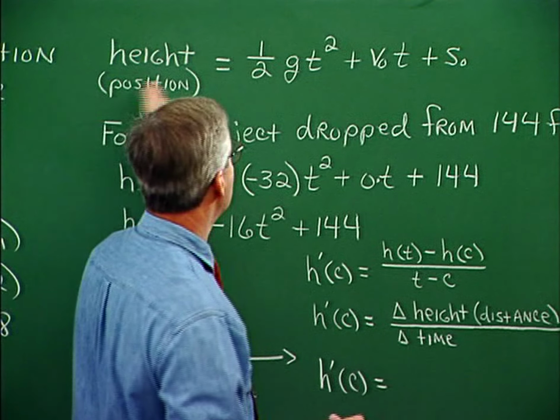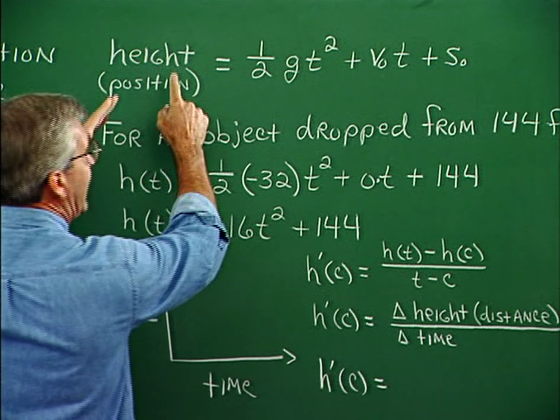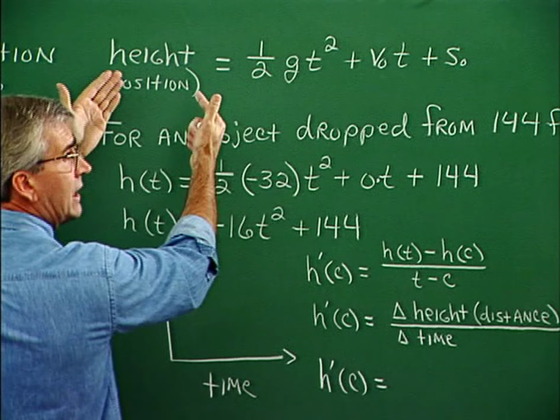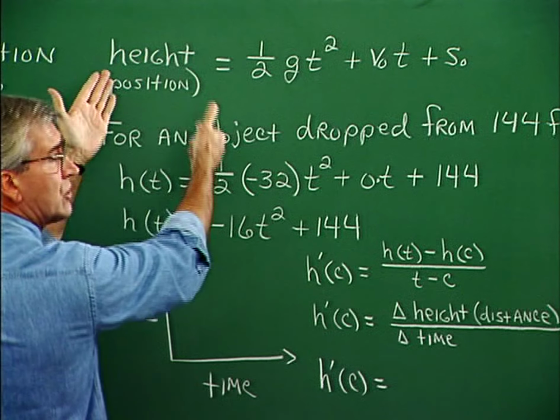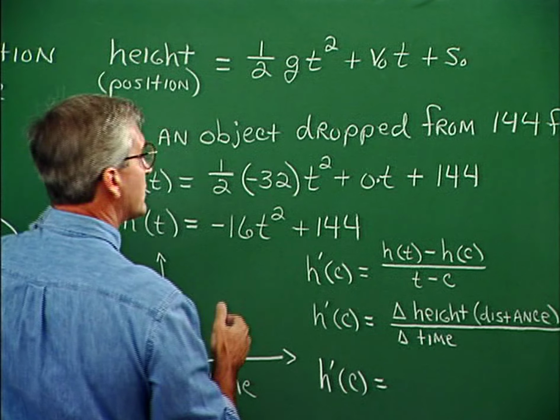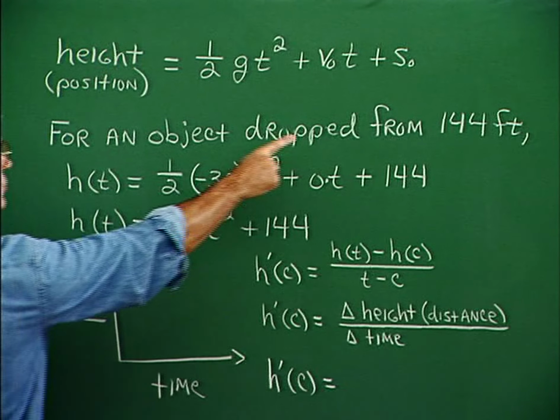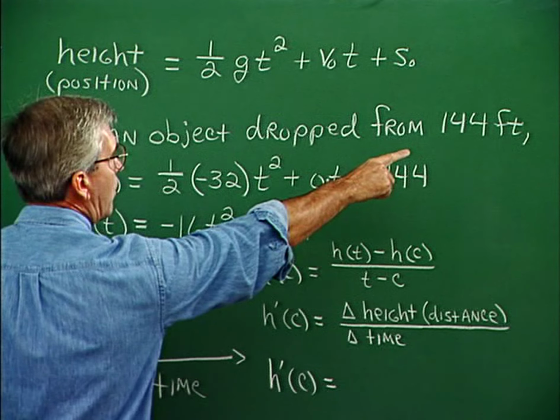And incidentally, this equation appears in your textbook, and it is listed as a function S in terms of t. I'm listing it as height because it's easy to imagine the situation in that way. For an object dropped from 144 feet, now we're dropping the object, so V naught would be 0 and S naught would be 144.